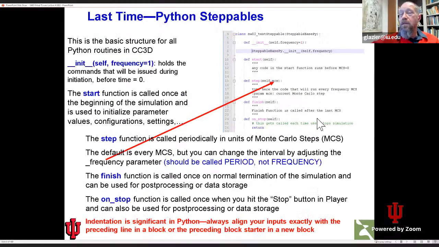The key thing here is the frequency at which you call simulations. You have self frequency up here equals 1. That is going to be defining how often these are called. Should have been called period rather than frequency.